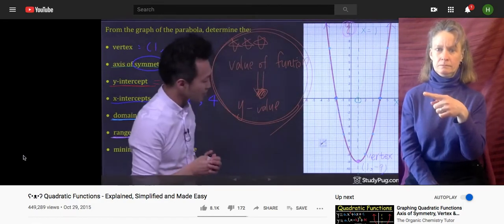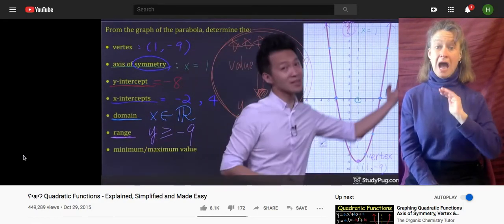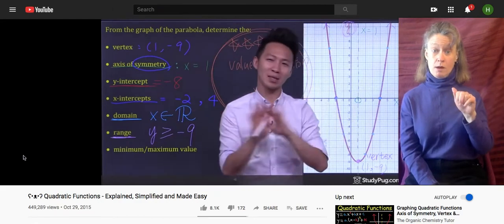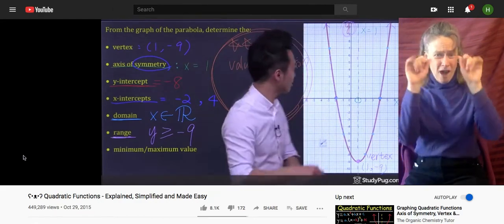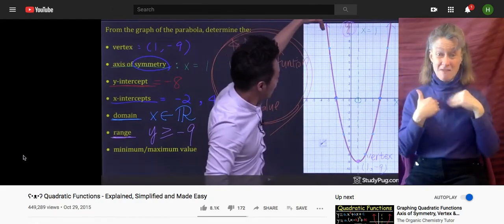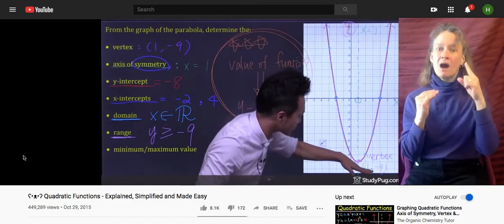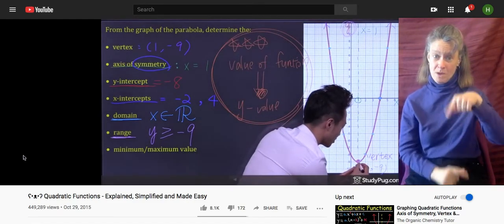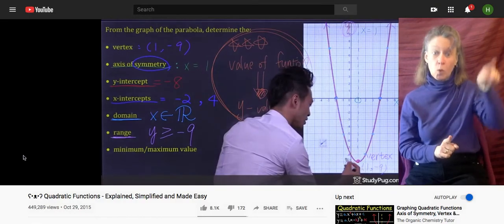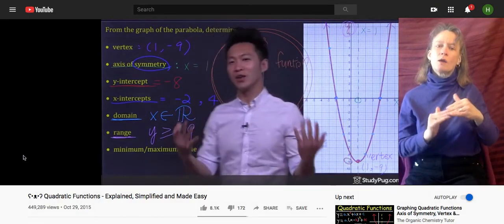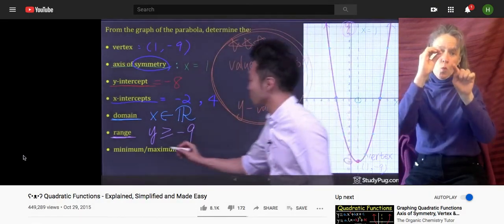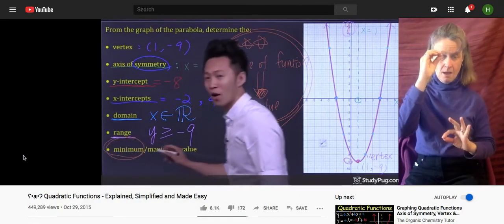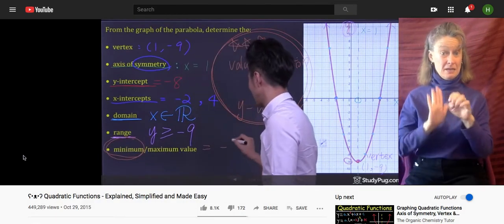Now, since the parabola can go as high as it likes, there's no maximum value. However, parabola can only go as low as right here, where the y value is -9. Therefore, we say this parabola has a minimum value of -9.